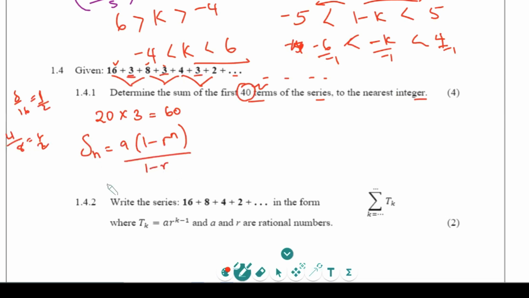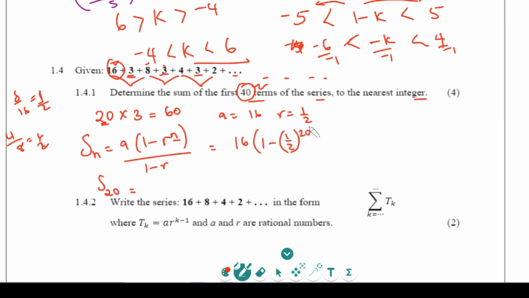We're looking for the sum of how many terms? That will be 20 terms. I'll do my substitution. I know that my a, which is the first term, is 16, and then my r is a half. So that is going to be 16, open brackets, 1 minus 1 over 2 to the exponent of how many terms are we looking at? The remaining 20.